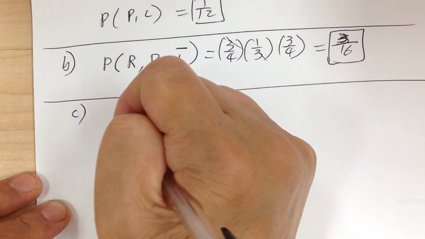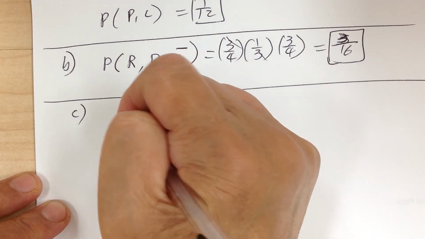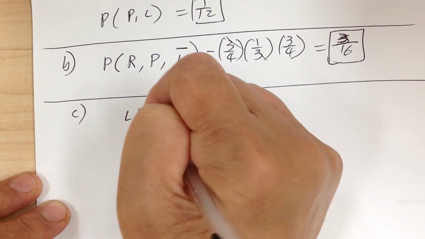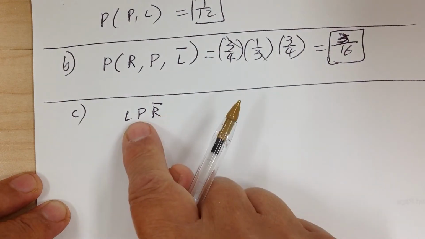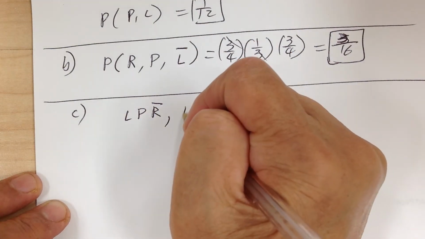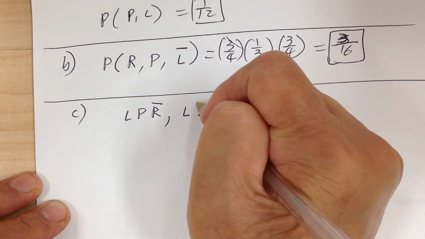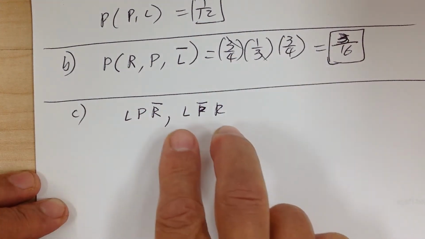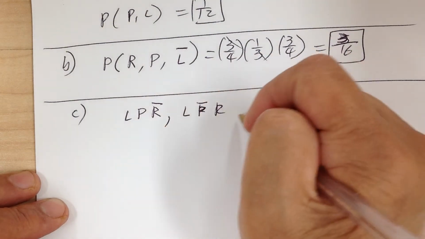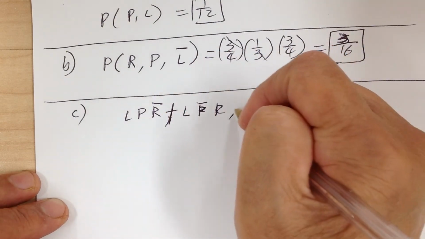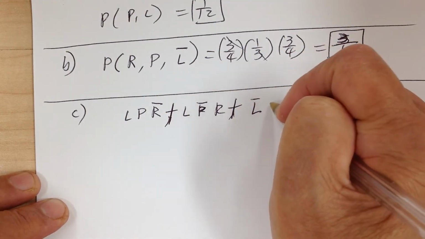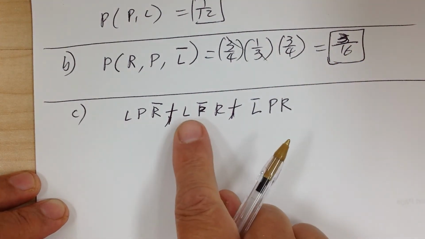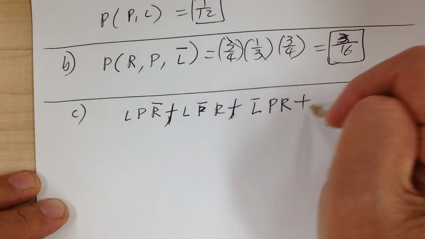That means you have to do L, P, R complement. Let's do the 2 first, and then you're going to get L, P complement R. Again, these 2 ask, and that's going to add, and then you have the P and the R. So again, this 2, and then 3.